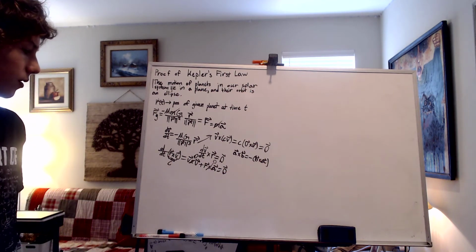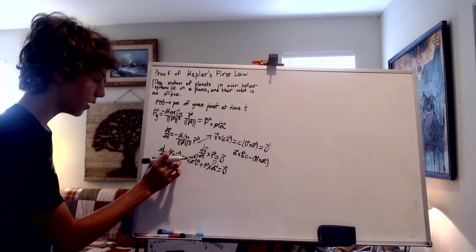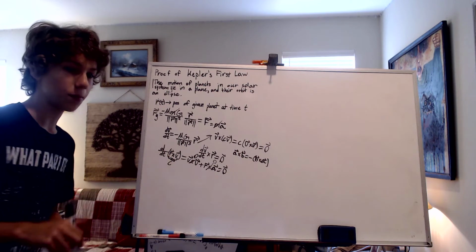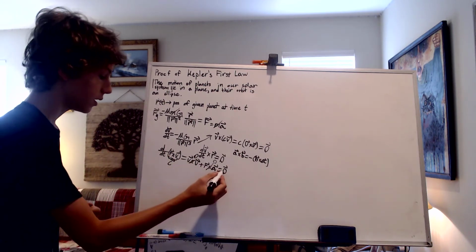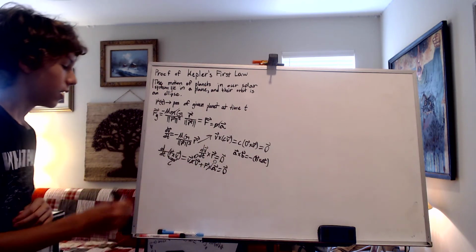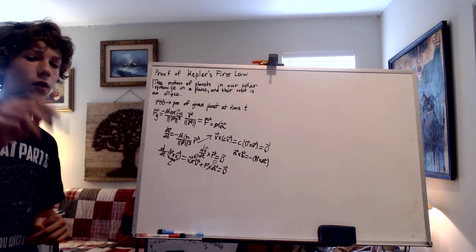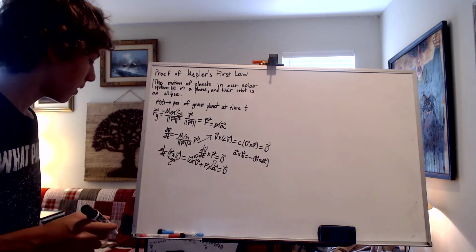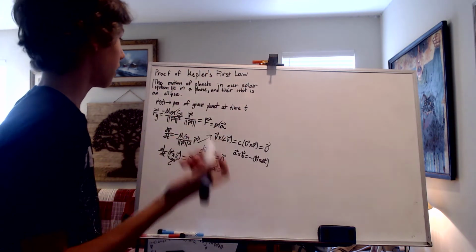Okay, what does that help us with? Since c is perpendicular to the plane that r and v lie in, and it's constant for all time t, that means r and v all lie in the same plane for all values of t. That proves the first half of this, if you will.